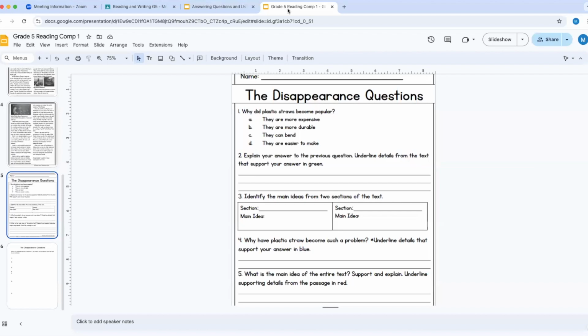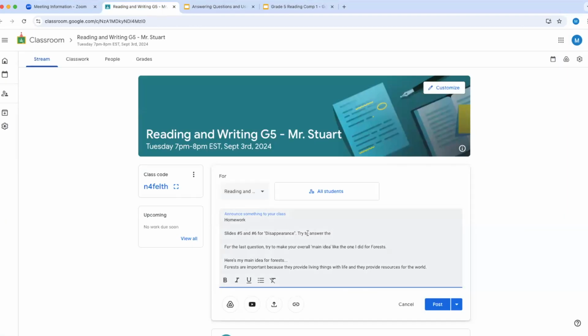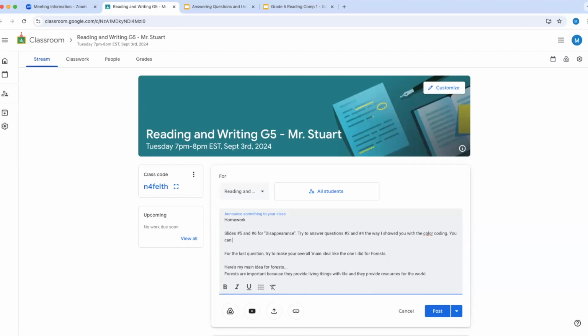Yeah, so basically 2 and 4 have to be answered in the answering questions color code. Try to answer questions number 2 and number 4 the way I showed you with the color coding. You can use the colors or not. Okay, any questions on that?